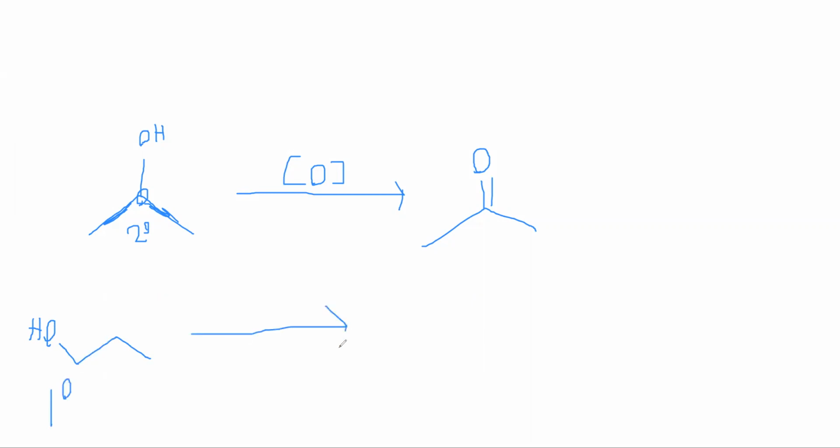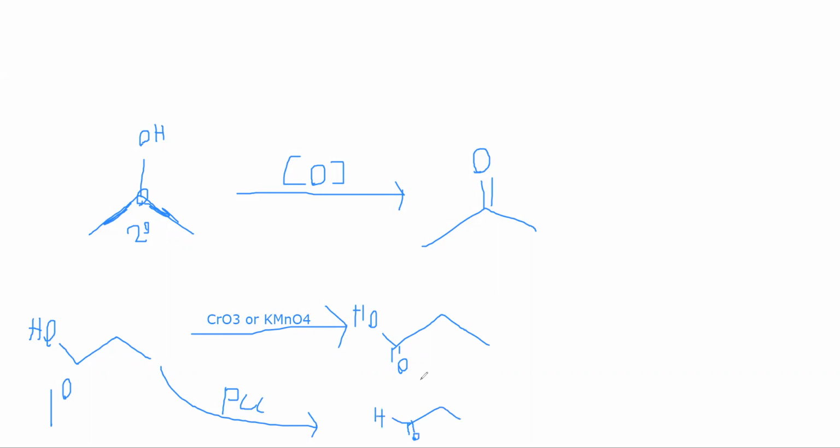If you use a strong oxidizing agent like a chromate, CrO3, or KMnO4, that's going to completely oxidize it to give you a carboxylic acid. But if you use a weaker oxidizing agent like PCC, then it's only going to partially oxidize it to form an aldehyde.